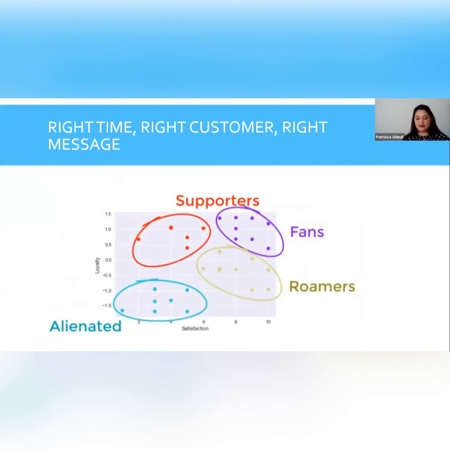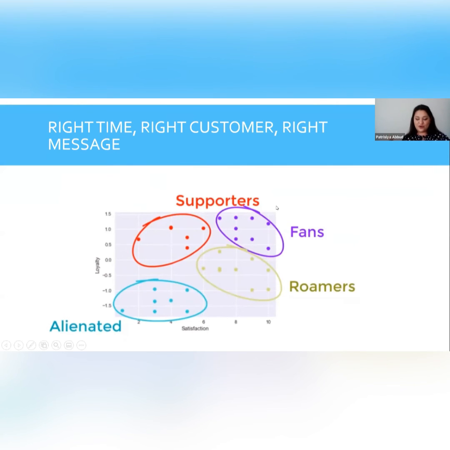So we have customers who are not really satisfied with the product. They have low satisfaction and low loyalty. This is the group that we called alienated. We have clients who are not really happy with the product, but they like our brand and they would like to come back. We call this group supporters.